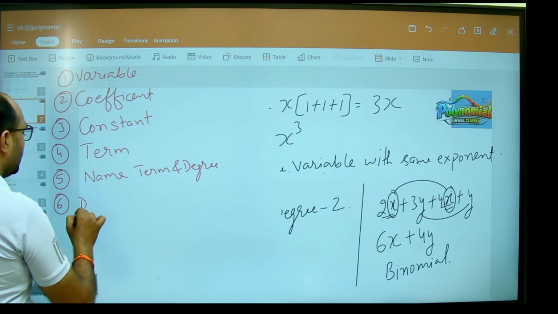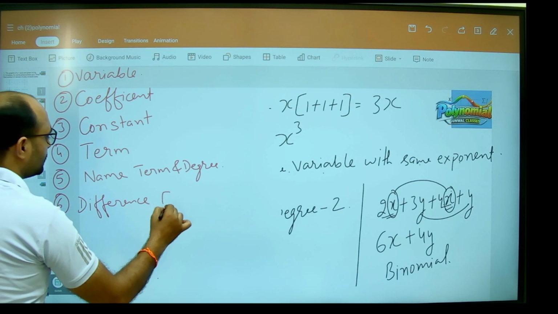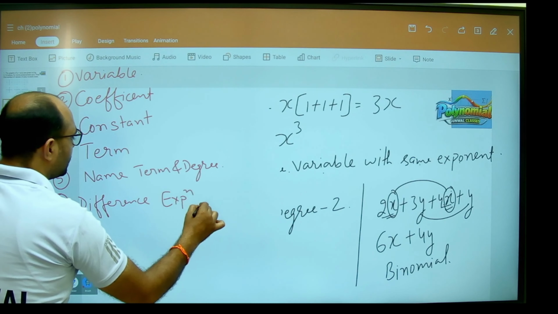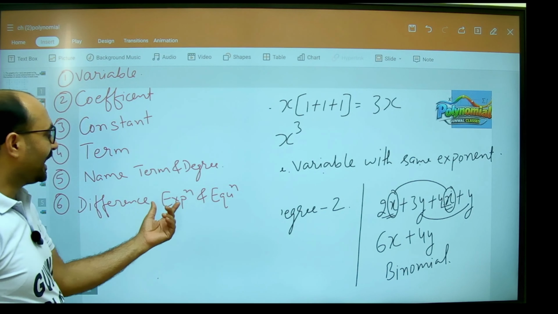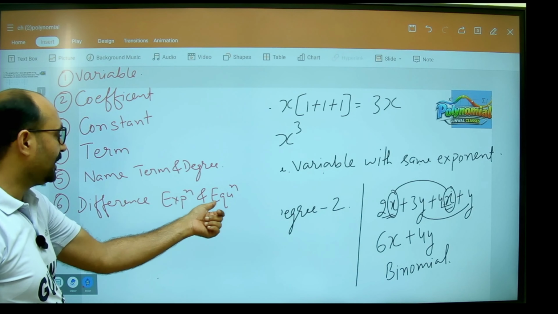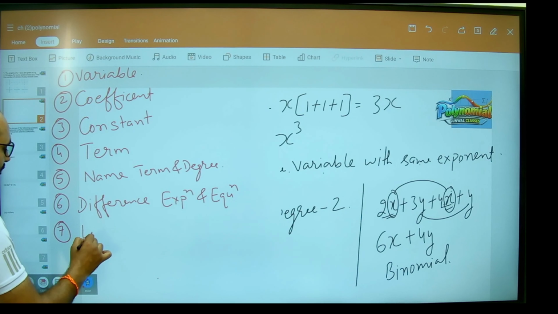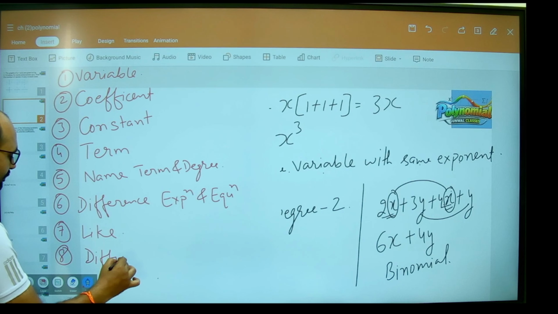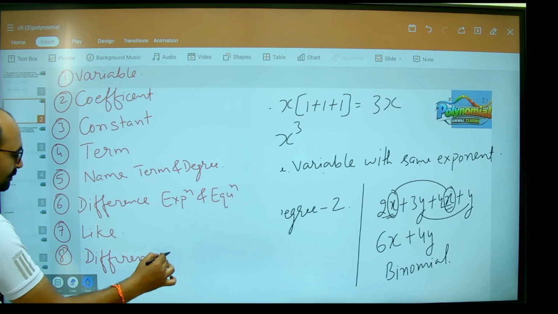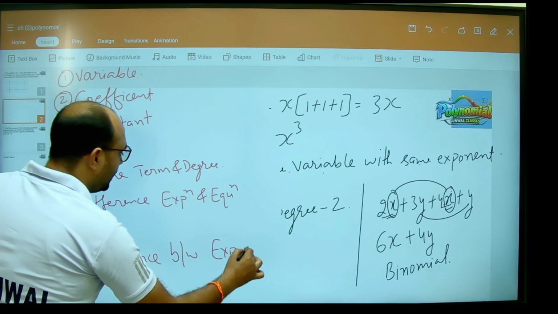Difference between expression and equation. When we put expression equal to something, that becomes equation. Like term. Difference between exponent and degree.